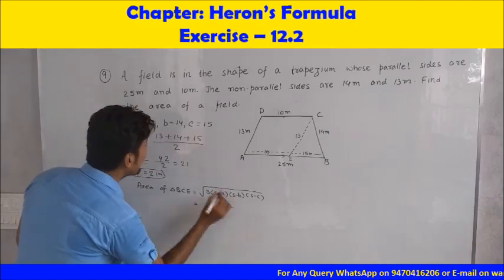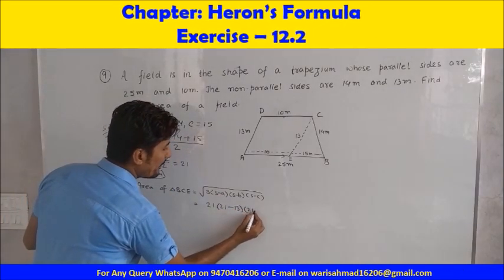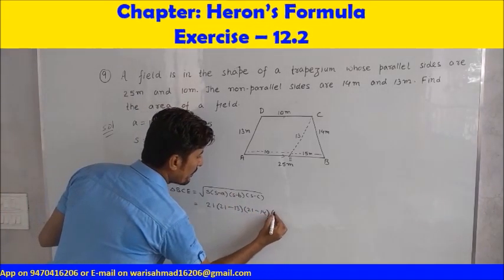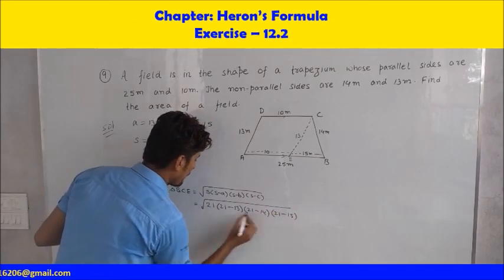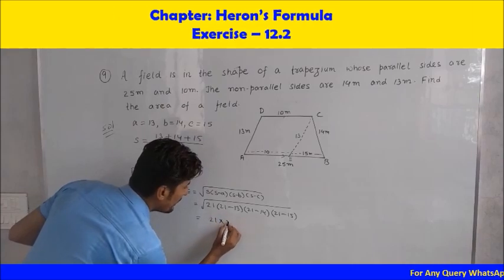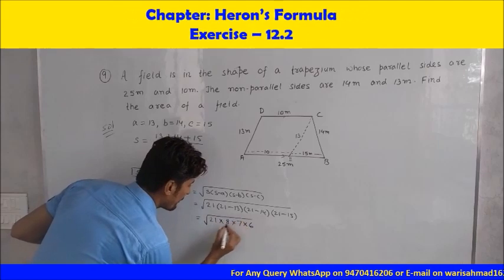Now 21 minus A, 13 we can write here. 21 minus B, 14 we can write here. 21 minus C, 15 we can write here. Under root, now we can write here 21 multiplied by 8 multiplied by 7 multiplied by 6.